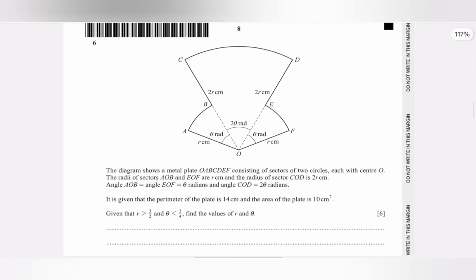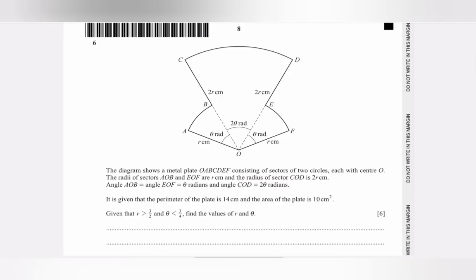And for number 6, it says the diagram shows a metal plate OABCDEF consisting of sectors of 2 circles, each with center O, and the radii of sectors AOB and EOF are r centimeters, and the radius of the sector COD is 2r centimeters.